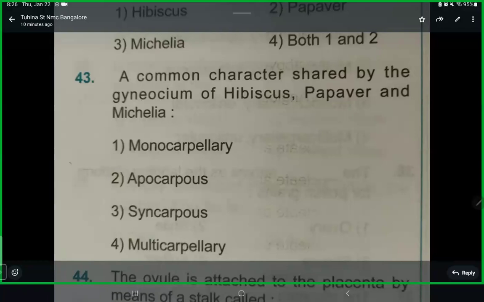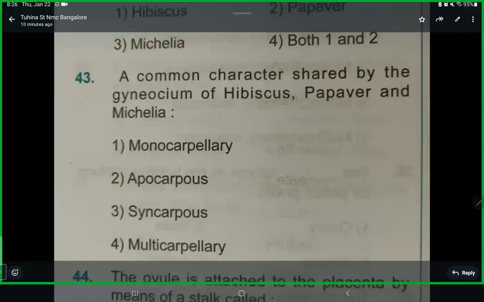So it will be monocarpellary or multicarpellary. Papaver and michelia are both multicarpellary, correct? And hibiscus has multiple stigma. So multicarpellary will be the right answer.